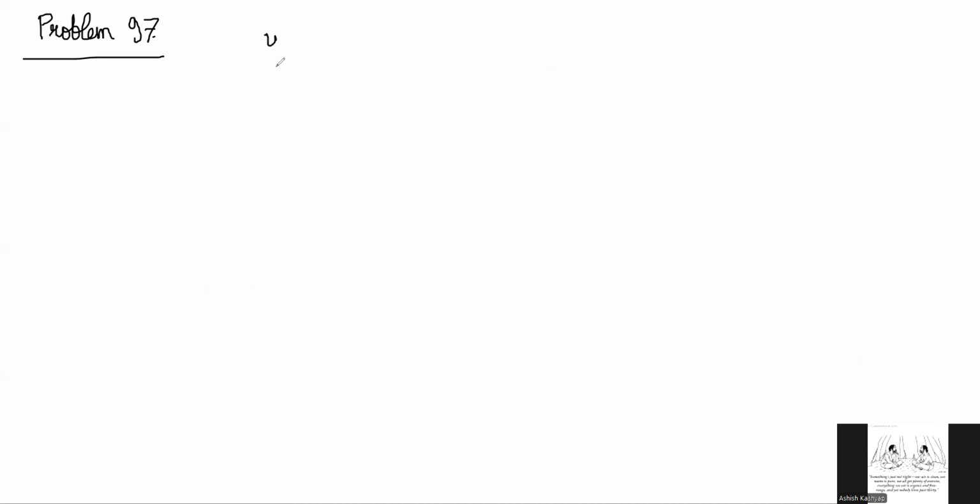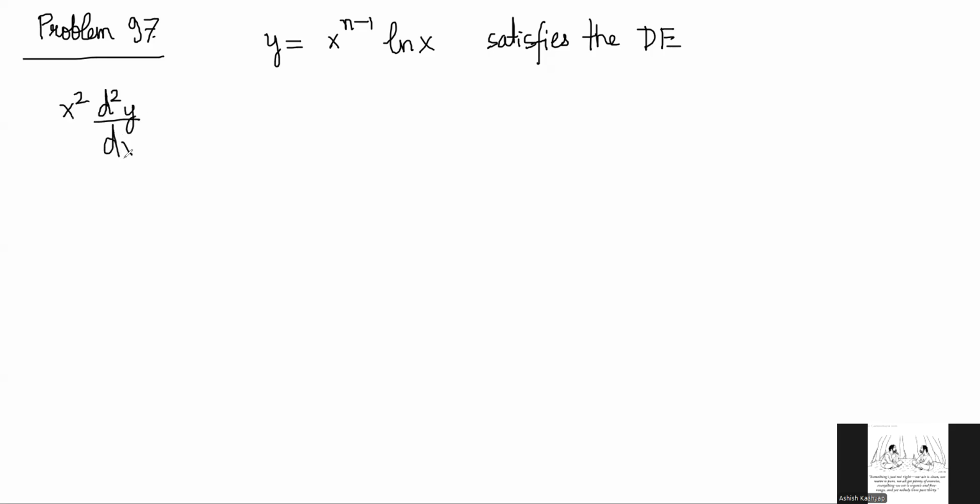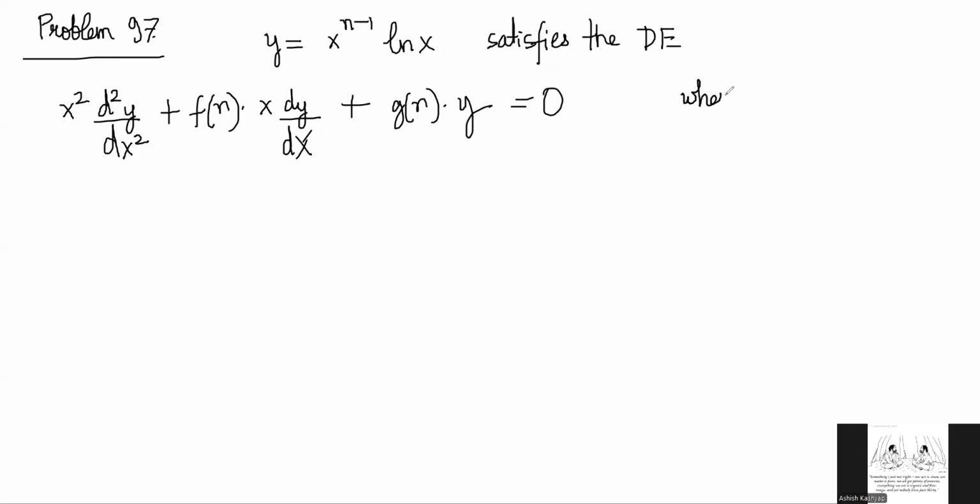And this question says, if y is equal to x power n minus 1 ln x satisfies the differential equation x square d square y by dx square plus f of n times x dy by dx plus g of n times y is equal to 0, where f of n and g of n are functions of n.